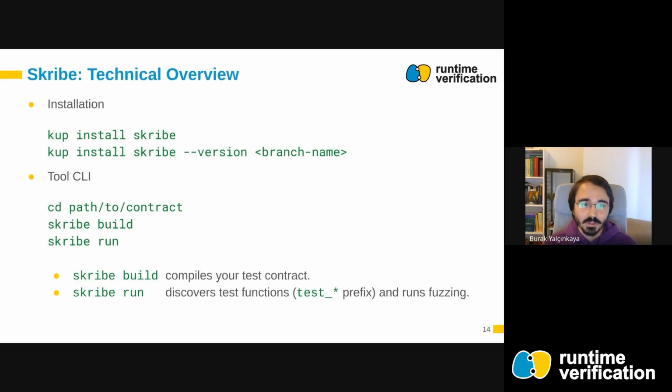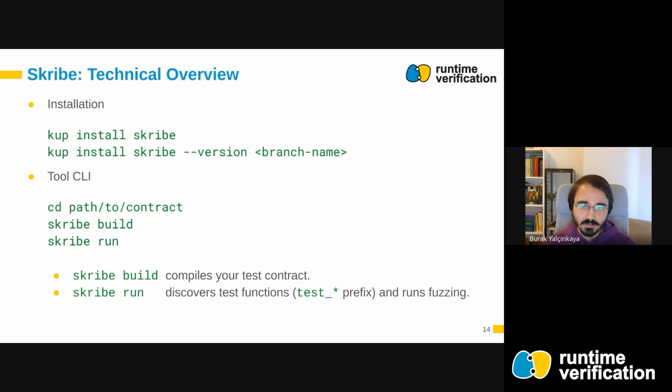As a first step, you can install Skribe via our package manager, kup. You can run kup install skribe, and it's a Nix-based package manager. It will install Skribe with all the dependencies.